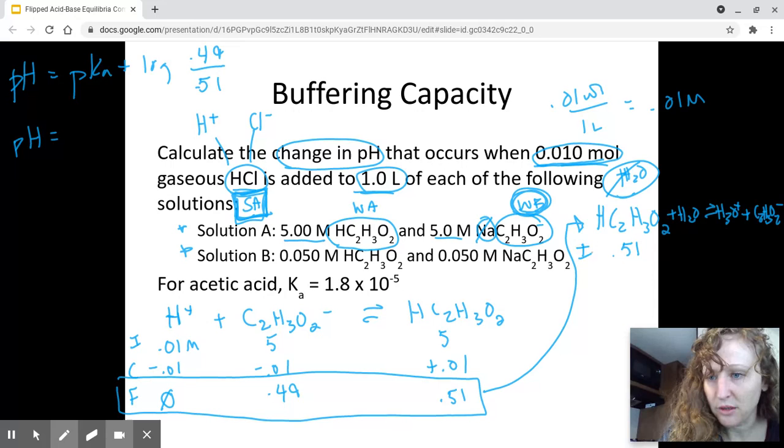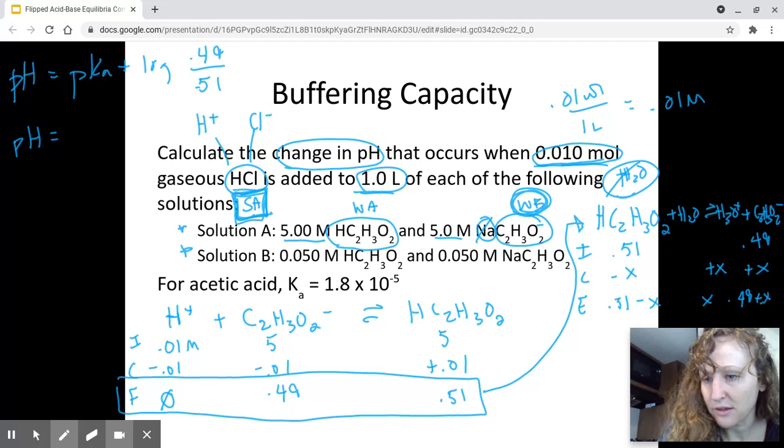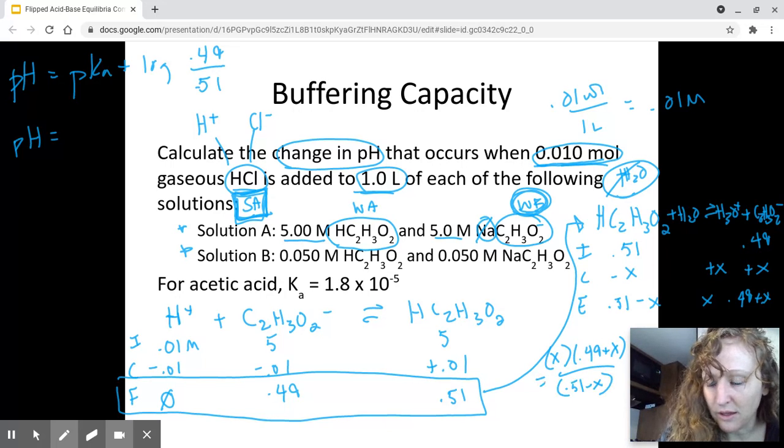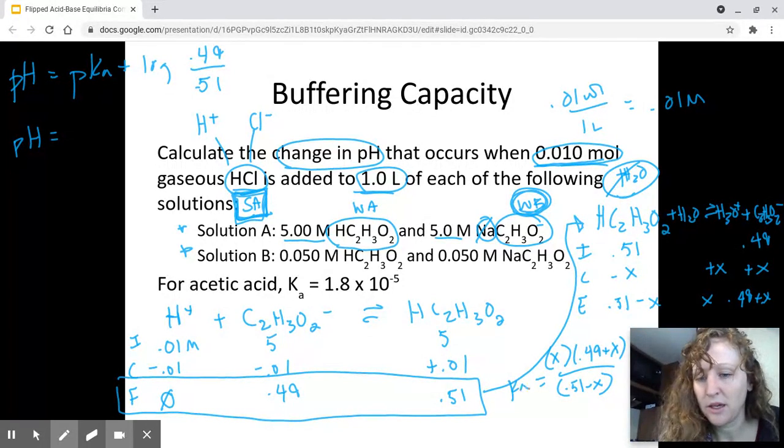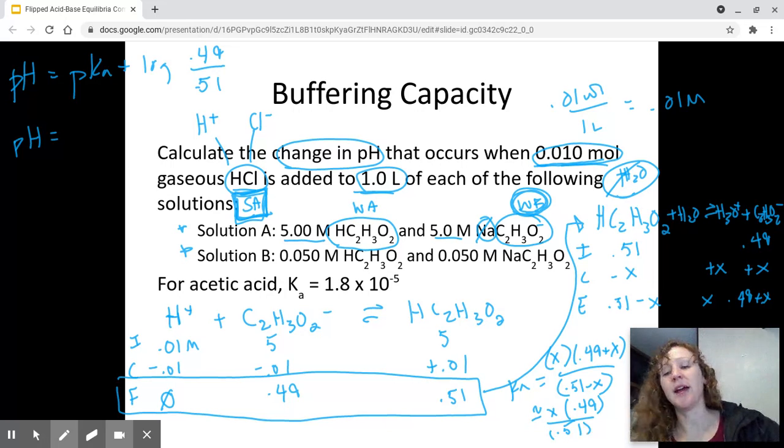0.51 initially, 0.49 initially, change, equilibrium. It's a weak acid. My change is going to be x. Okay, I'm going to use my K equation. That's going to equal my Ka equation, which is going to also be equal to this, ignoring x's that are added or subtracted, and I solve for x and plug it into pH.